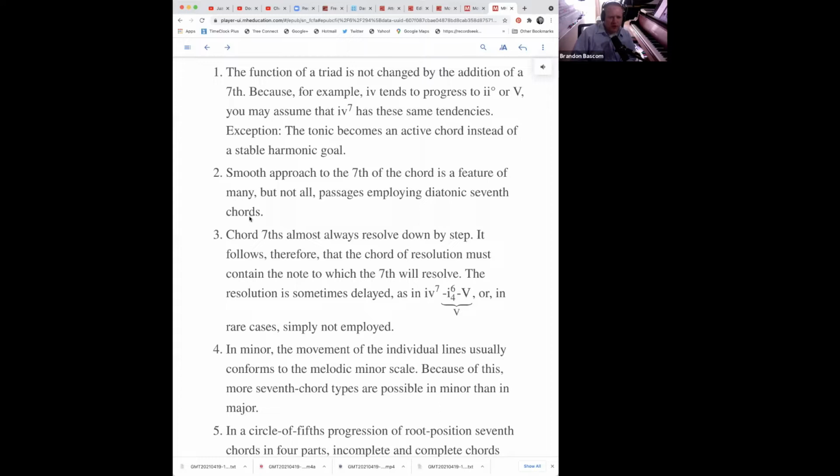All right. Next, I've got an E, a G, a D, and a G. What is that? Six. Seventh chord.